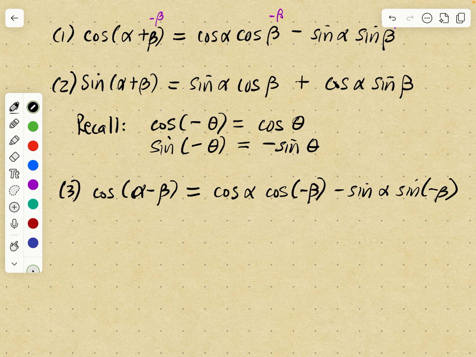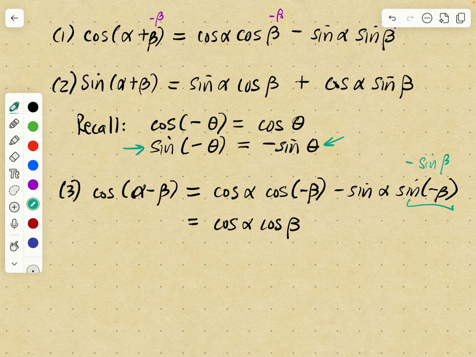But we know that cosine of negative beta is cosine beta. So you're going to get cosine alpha cosine beta. And then you know that sine of negative beta is negative sine beta, using the odd property of sine.